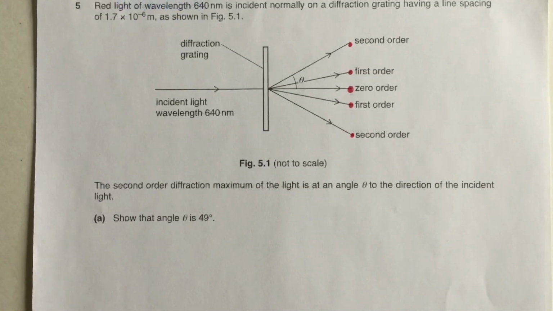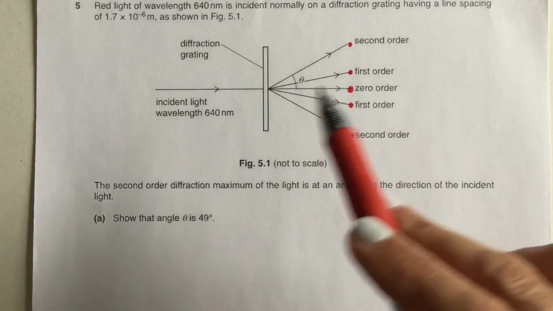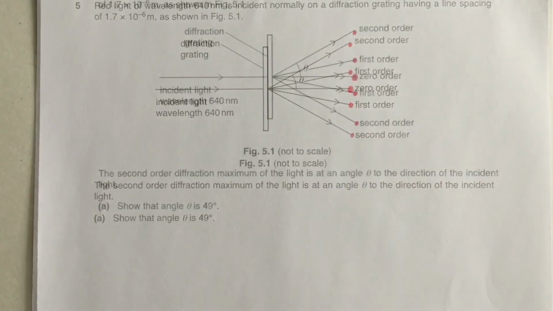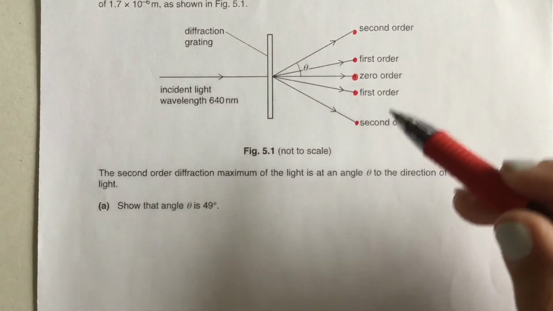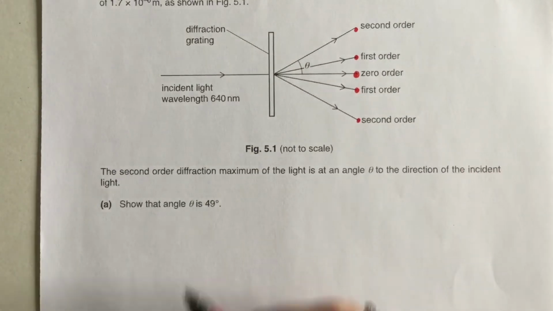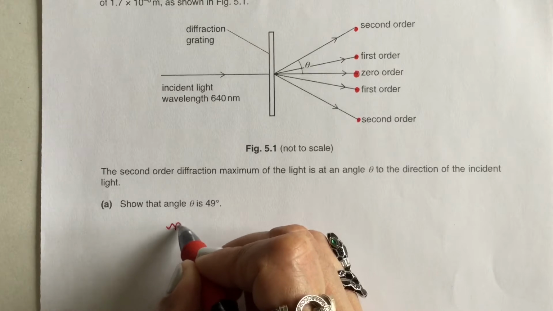So just like a double slit diffraction, we have a formula for diffraction grating. We also have a formula that relates all the variables involved here. The first variable is the order number, which is represented by the letter n.